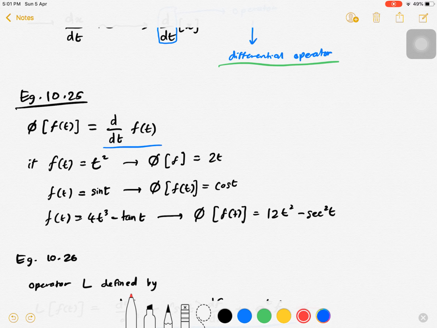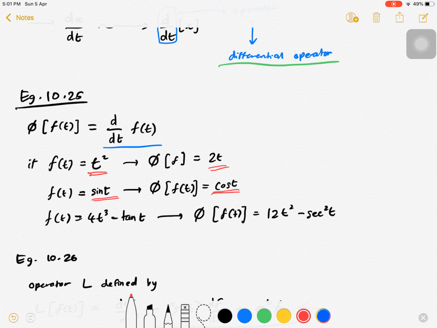If we put a function t square, for example, in the operator, the outcome will be 2t. When we put sin t, the output of the operator is cos t.